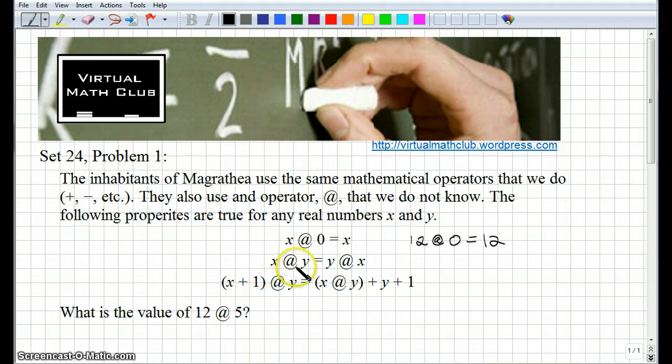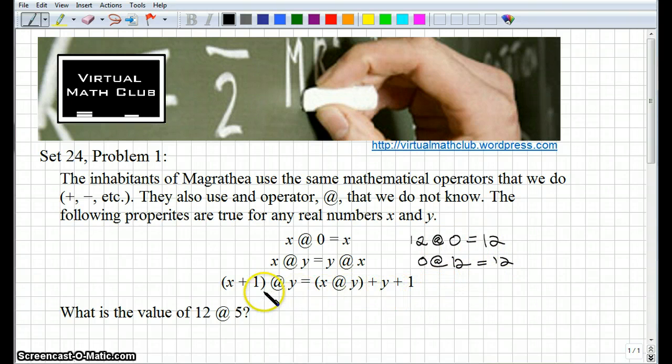And with this commutative property, I also know that 0 at 12 is also equal to 12, right? Because it's commutative, so 0 at 12 is equal to 12 at 0, which is equal to 12, okay?